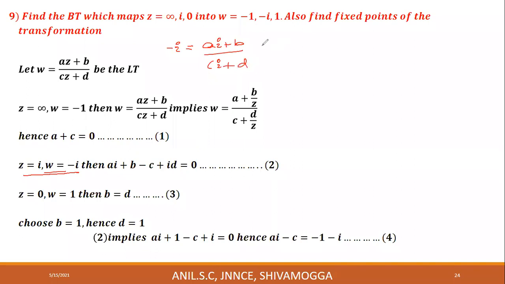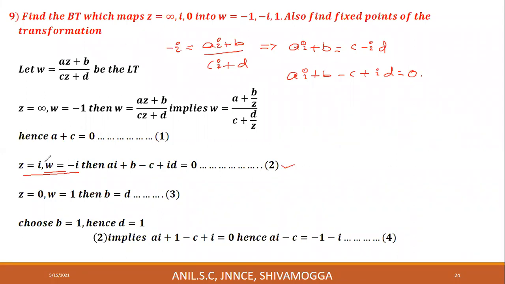This implies ai plus b is equal to minus i into i, which is minus i square, and minus i square is plus 1. 1 into c is c, minus id. Therefore, ai plus b minus c plus id equal to 0. Let this be equation number 2. Second set of points are substituted.